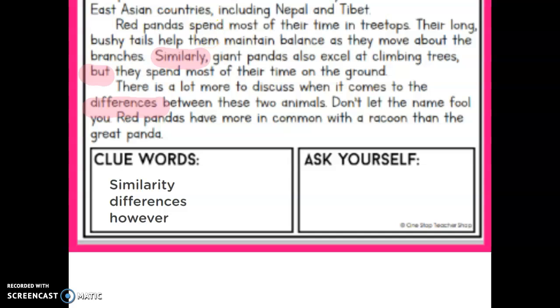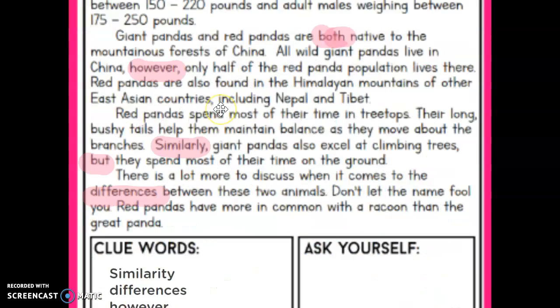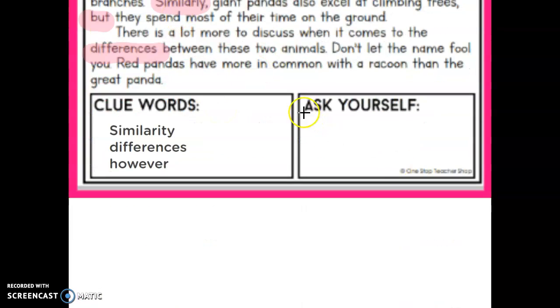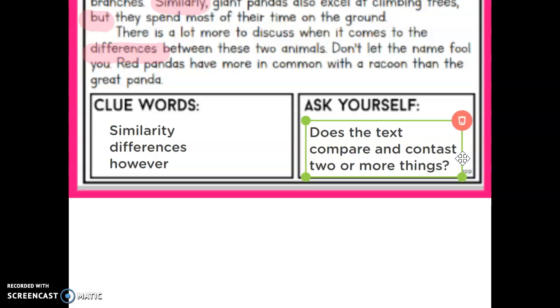Now, when you're trying to determine if a text has the structure of comparing and contrasting, you can ask yourself, does the text compare and contrast two or more things? Go ahead and type that out. In our following lessons, we will have to tell the difference between all of these 4 types. So we'll be looking more at these questions.